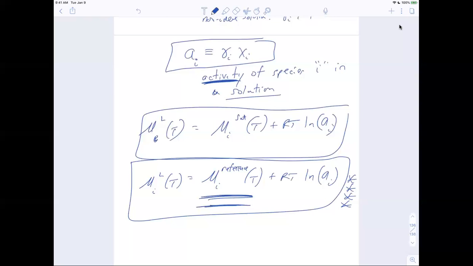So the chemical potential of I in a mixture is equal to its chemical potential in some reference state, which can be pure or a mixture, plus this thing that gives rise to non-ideality, A sub I. And A sub I, again, is gamma I x sub I. When gamma I is 1, you have ideal. And when gamma I is not equal to 1, it can be greater or less than 1, it's non-ideal, or real. Okay? So this is your bang for your buck in this upper level course.